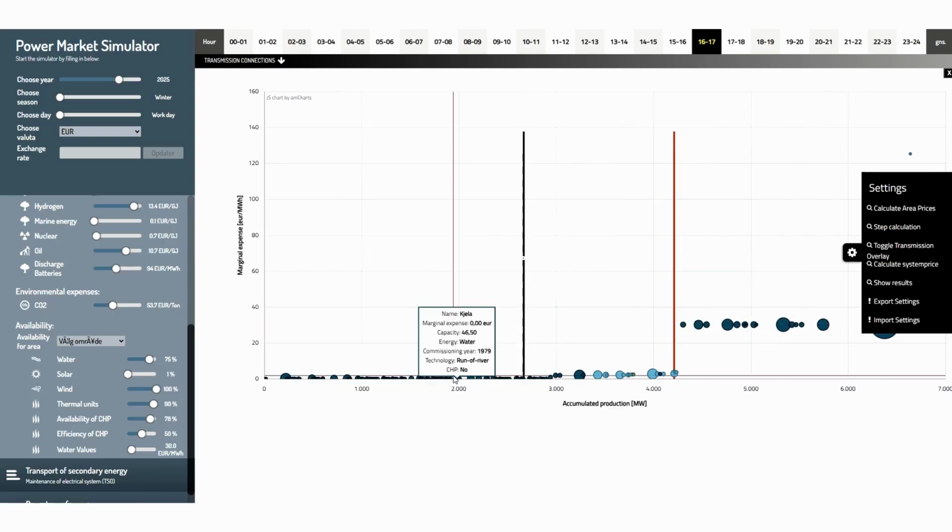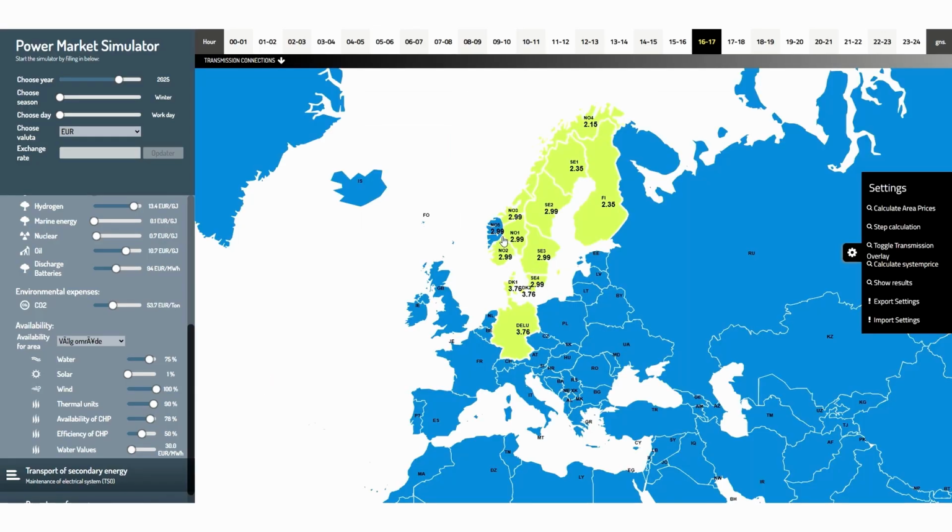All these units are hydropower plants run of river. So what you can see here is that there is enough capacity on run of river power plants in the Nordic countries to set the marginal price. So it is not the hydropower plants with storage that will set the marginal price. This was the last question in task number 9.